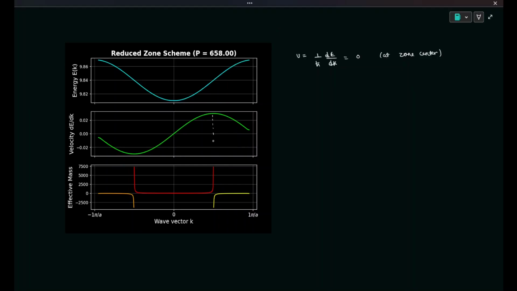This point is known as an inflection point, after which the velocity of electron is decreasing, and it decreases to 0 at the zone boundary, where the velocity is again 0. Therefore, you can conclude that the velocity of electron is 0 at the zone center and at the zone boundary. Or you can say that the velocity of electron is 0 at the top and bottom of the energy band.